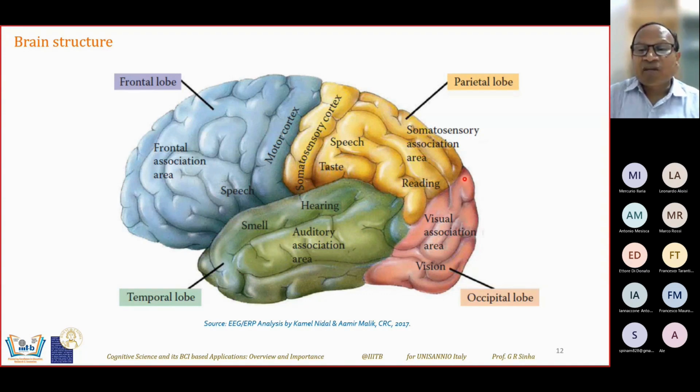Similarly, you see this one, occipital, visual association, your vision capability. Obviously, you can understand the occipital lobe will be connected with our human eyes, so there will be some nerves connecting the human eyes with this particular area. The next one, you look at speech, text, reading, somatosensory association area.